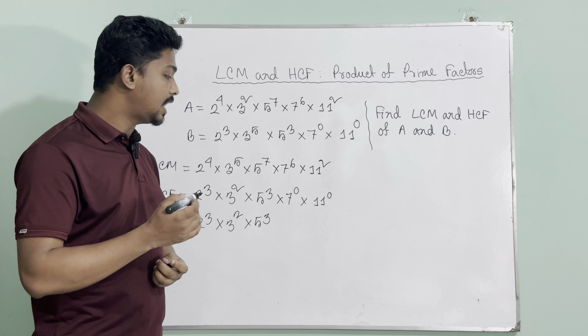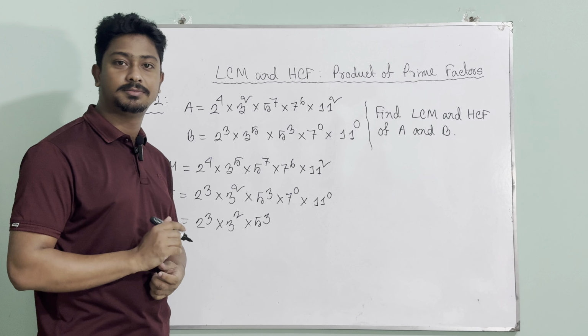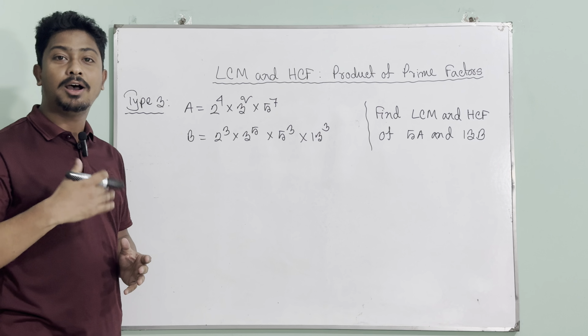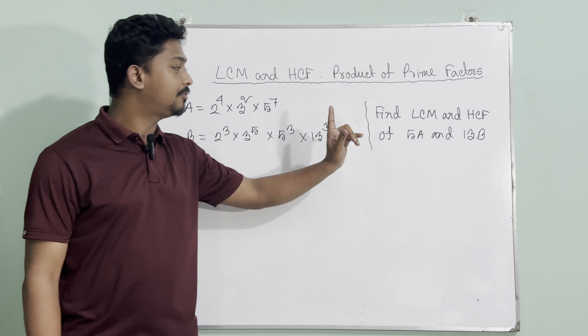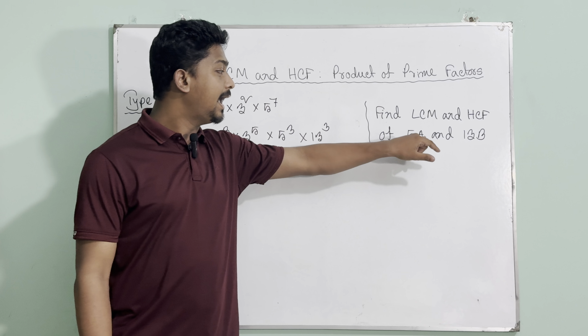Now let's look at the last type of the questions. In the last type, we have the same things, but the questions have changed a little bit. Now we are not finding LCM between A and B only, we are finding LCM between 5A and 13B. So first of all, let's find 5A. If you want to find 5A, you are supposed to multiply A by 5, right?